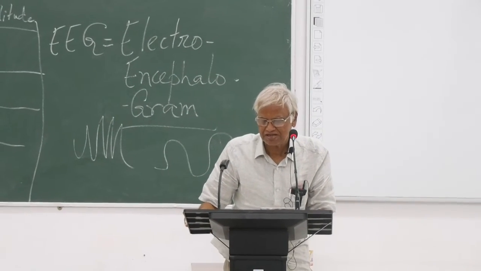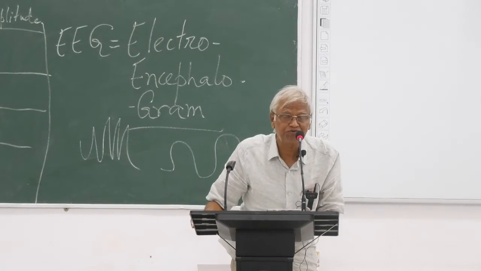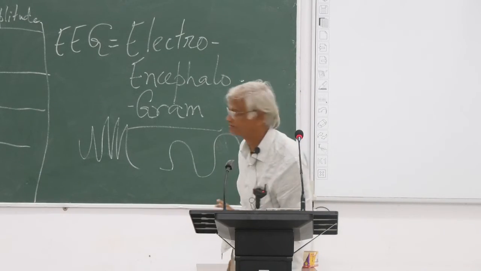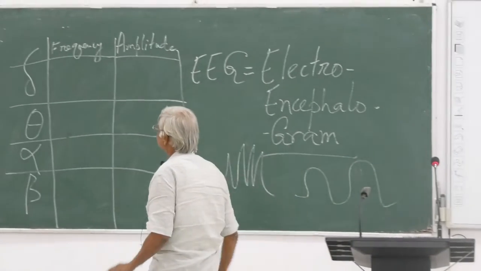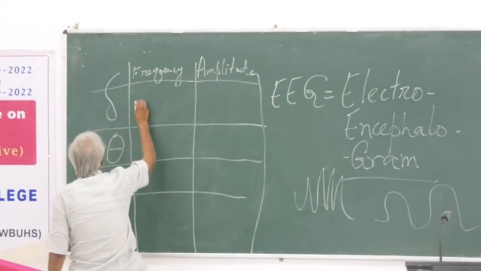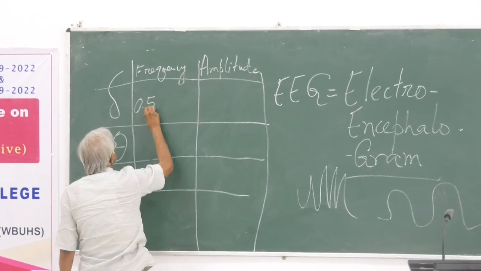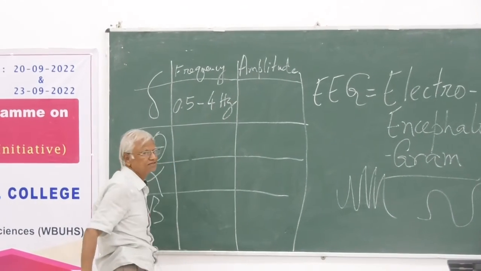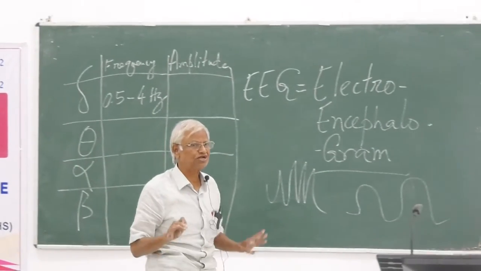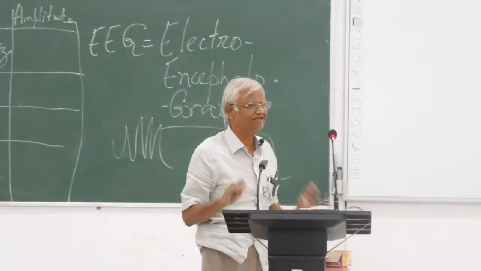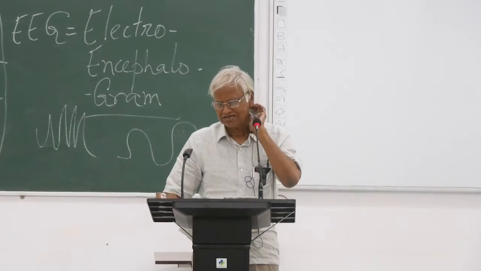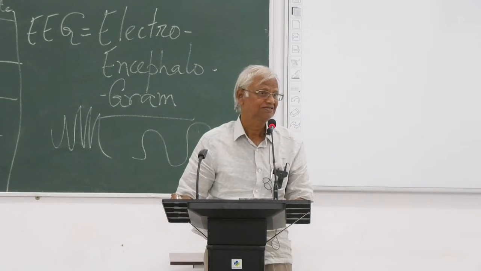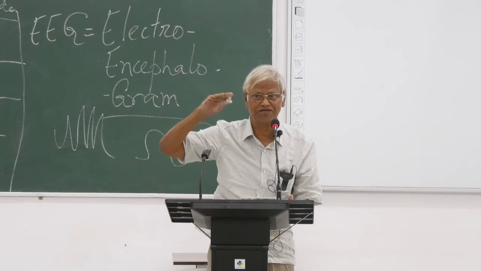If it is 0.5 to 4 hertz, you can close your eyes and say it is delta wave. Very slow wave.